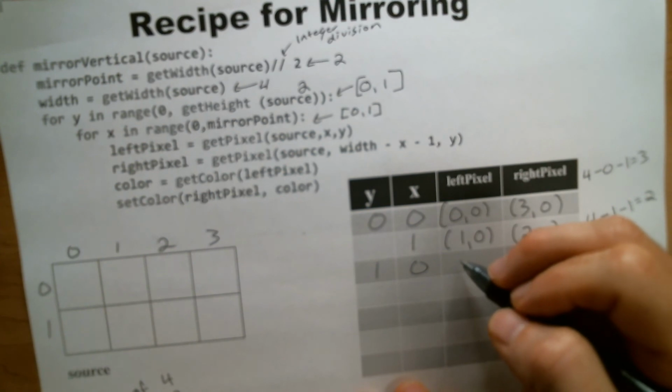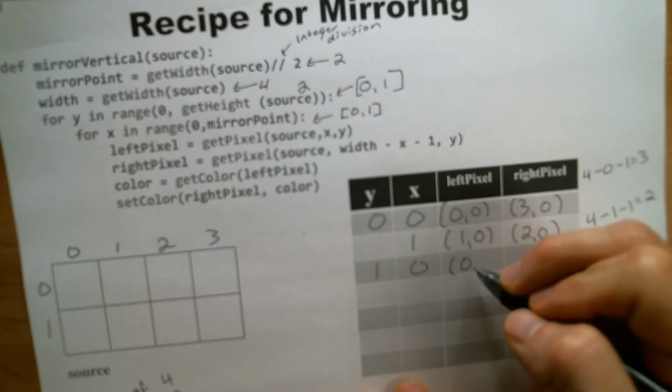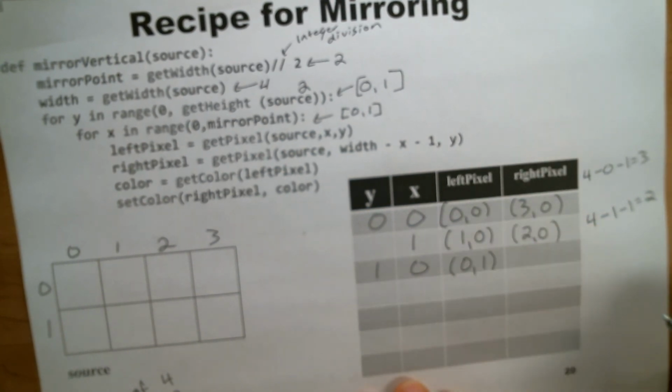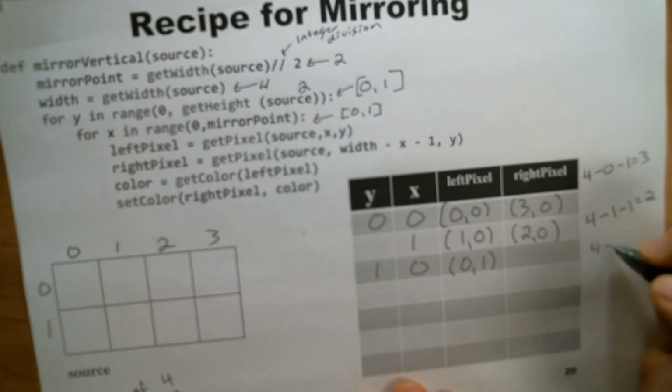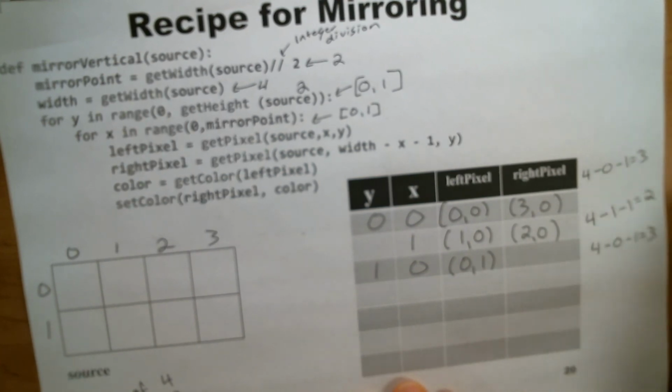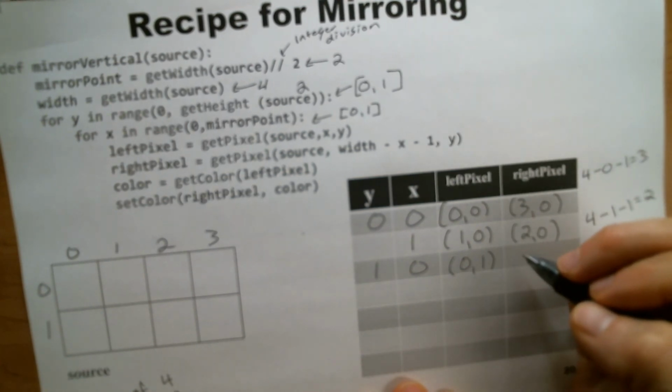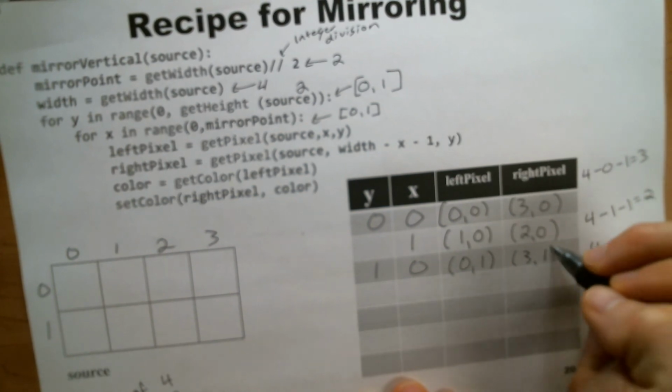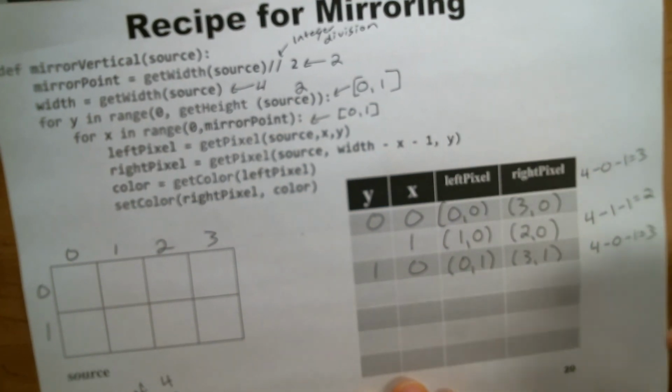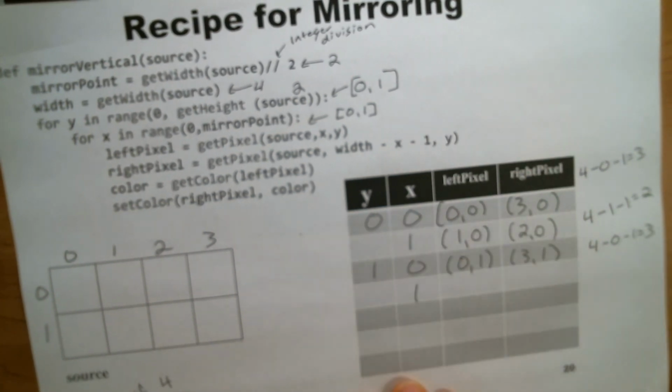So our left pixel is 0, 1. All right. Here we're back to doing 4 minus 0 minus 1, or 3. So this time we're 3, 1. And then this goes to 1.